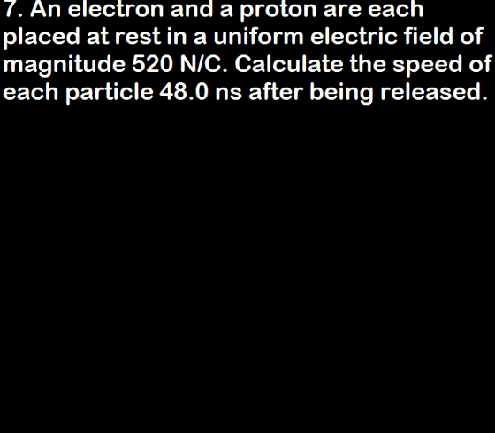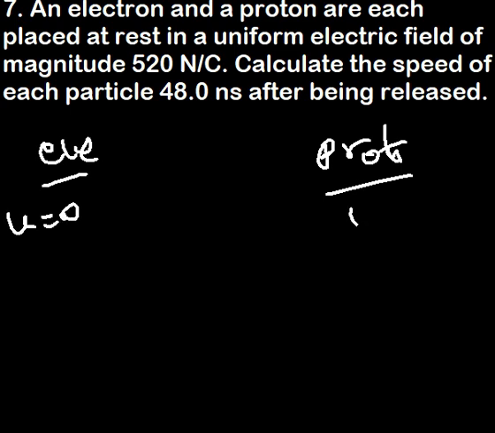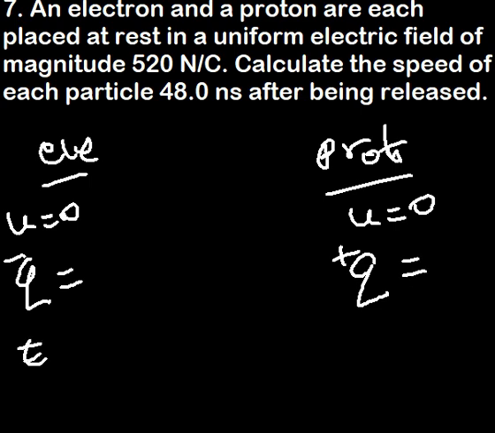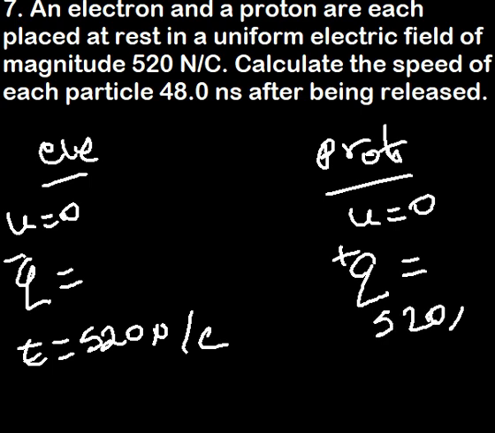So we have two charges, the electron and the proton, with initial velocity 0. The electron has a negative charge and the proton a positive charge. The electric field for both is the same, 5.2 newtons per coulomb.